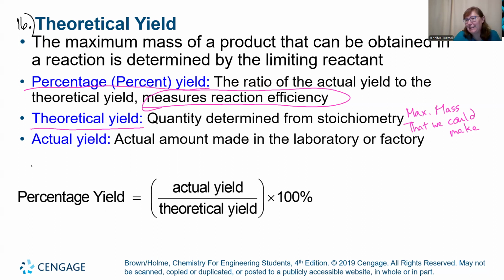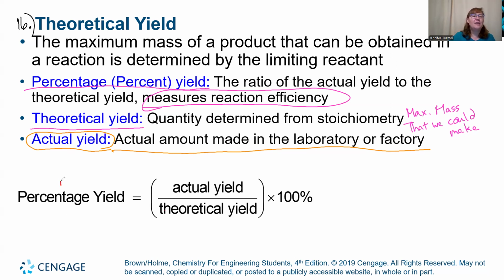I mean, it would be nice if you could, but it doesn't work like that. There's almost always some kind of waste. So that brings us to this important term here called an actual yield. This is the actual amount that can be made in a laboratory or factory, minus the waste or the inefficiency involved.